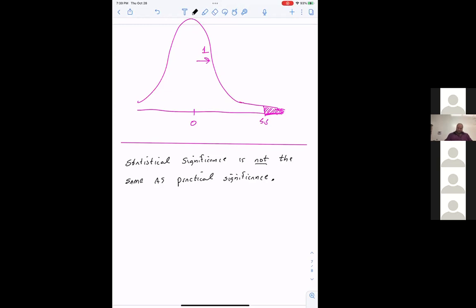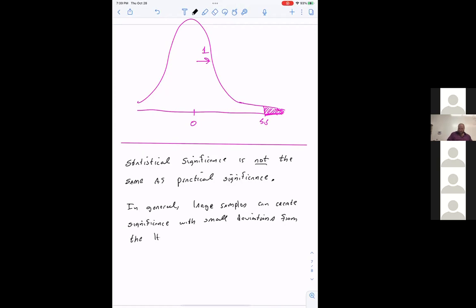So in general, large samples can create significance with small deviations from the null hypothesis claim.